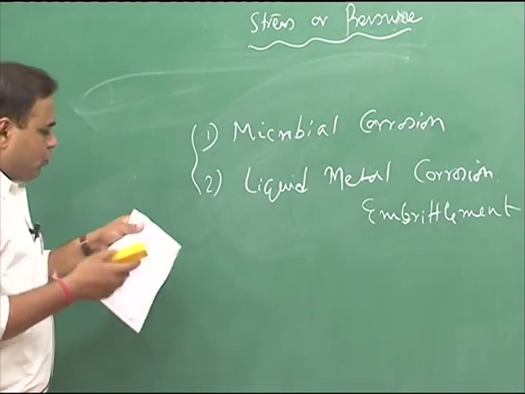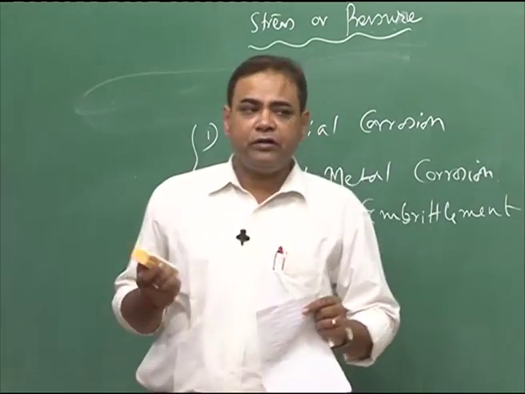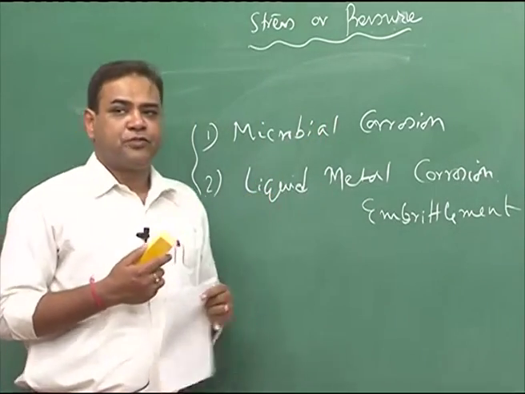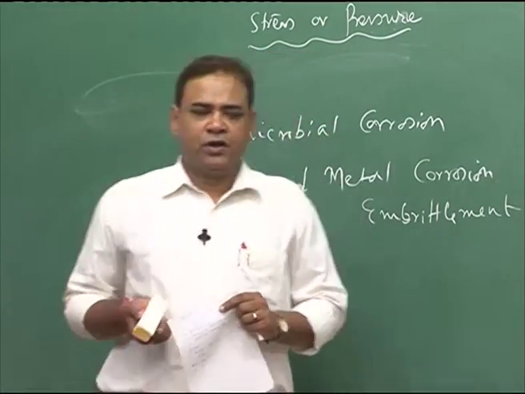Now, once we have discussed the different forms of corrosion in short and also the factors which can govern all those forms of corrosion, let us get into the individual forms of corrosion.